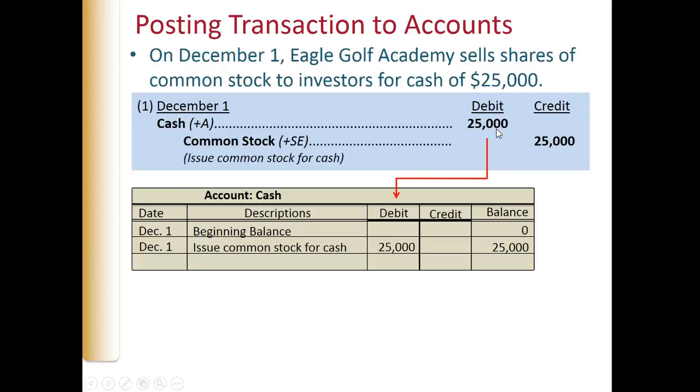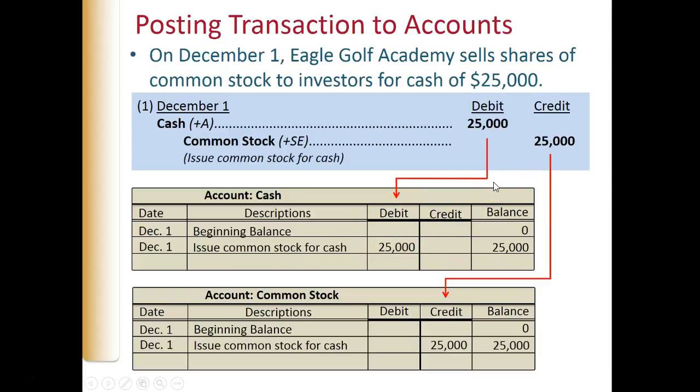To post a transaction to the various accounts means we literally take this account, we show the date, we show the description, issue common stock, we take this debit and we transfer it here to our cash. Since cash is an asset, we know it has a normal debit balance, so we're going to carry it over here.